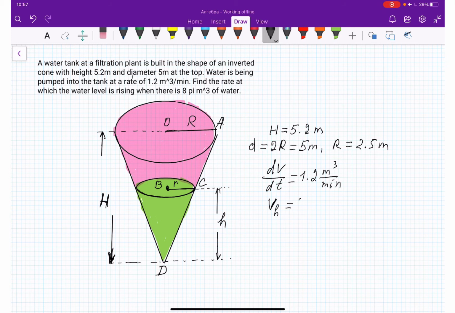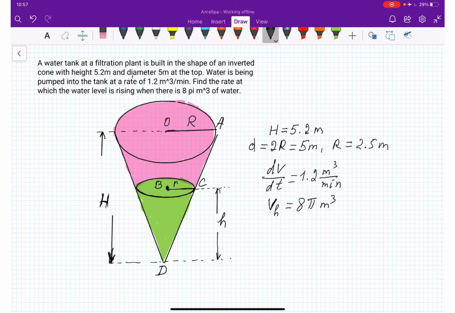It's going to be 8 pi cubic meters. So when we say how fast, when you fill it up, the level of water is rising, right? Meaning the height is rising and accordingly volume is increasing.